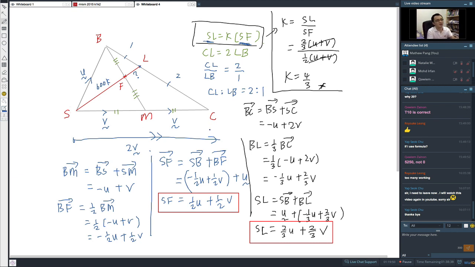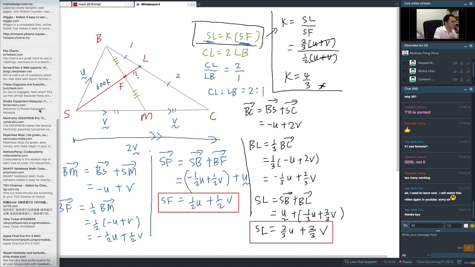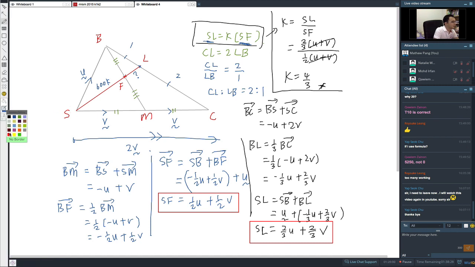So basically I have SL equals 4 over 3 of SF. Then change this into a ratio because it's going to benefit me. So I move the SF to the other side, it will divide 4 over 3. So I know SL ratio SF equals 4 ratio 3.